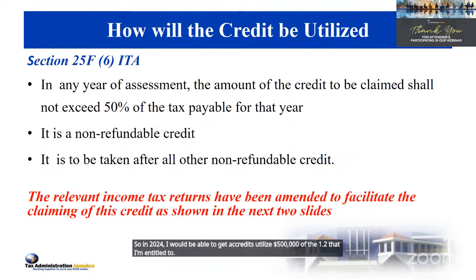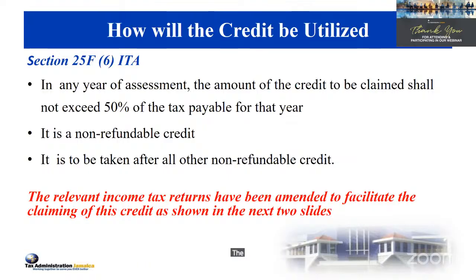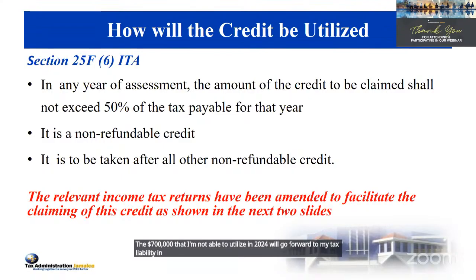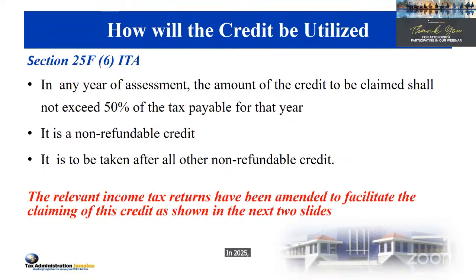The $700,000 that I'm not able to utilize in 2024 will go forward to my tax liability in 2025. And in 2025, I would then get to use another 50% of my tax payable in that year.